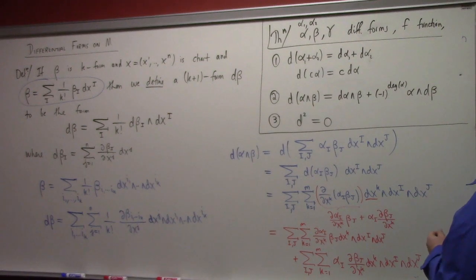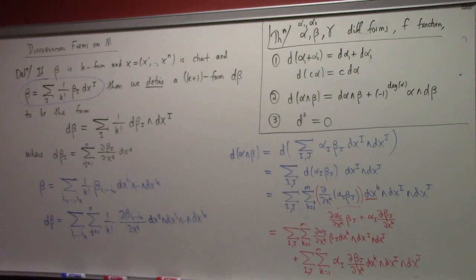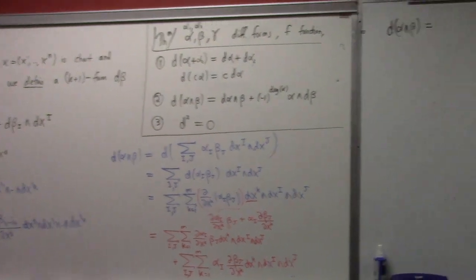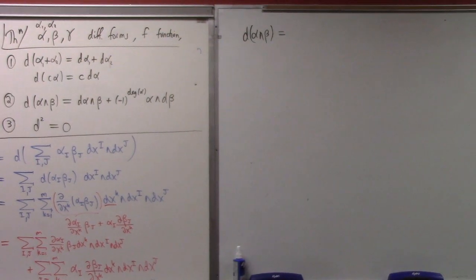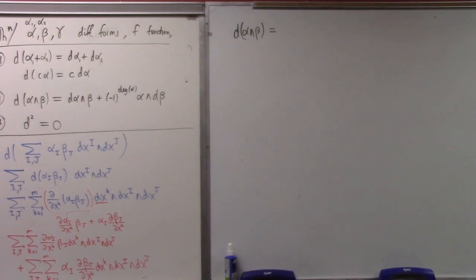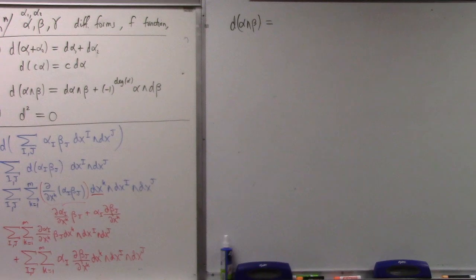So we've got d alpha wedge beta is equal to all this stuff here, right?